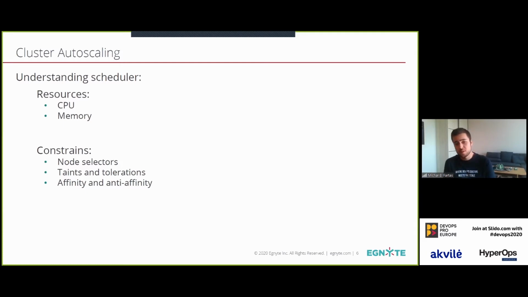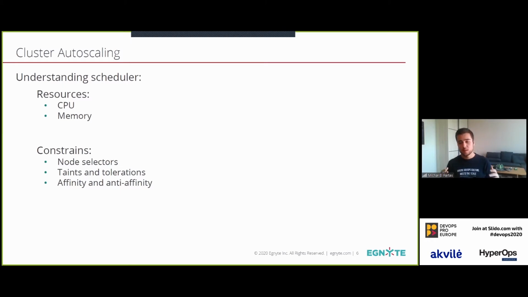But also you have constraints on the scheduling, so you can specify for the deployment a node selector, meaning you want to deploy on this node, or you can specify affinity, anti-affinity between different deployments. And also the node itself can have some taints, and the pods can have tolerations.